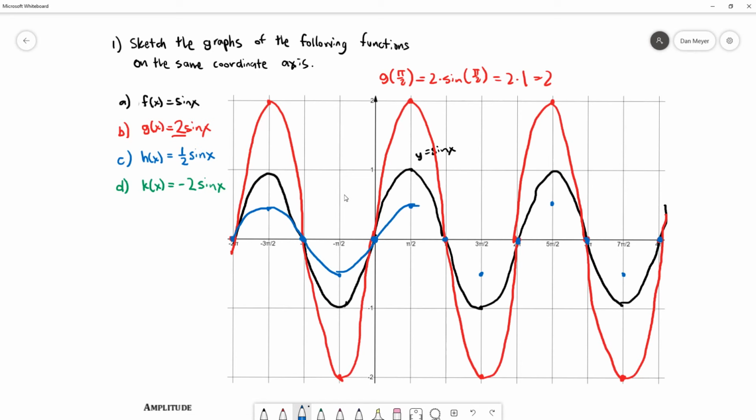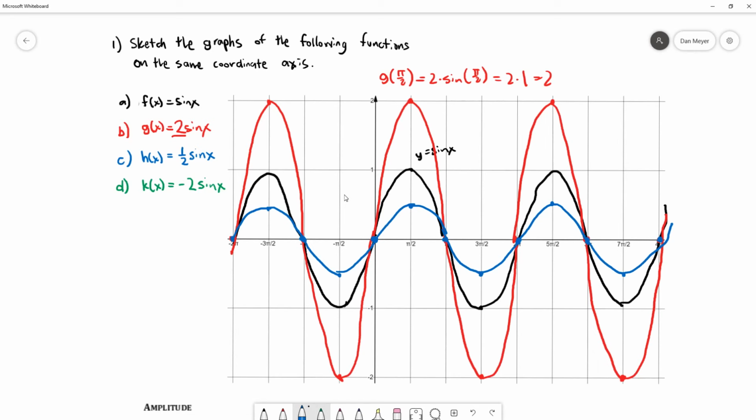All right, that's not too bad, I guess. I think the vertical stretching and vertical shifting were the easier of the graph transformations to sort out, and they're not too bad here. The last one, k of x, is negative 2 sine of x.